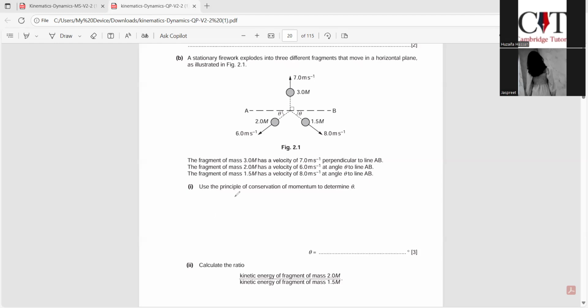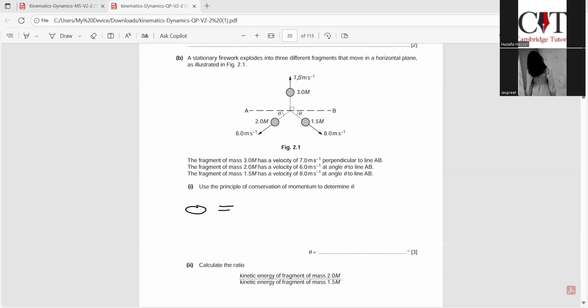So we know that before exploding, the speed of the firework is 0, right? Because it is already written that it is a stationary firework, so it is 0. If you multiply by mass, it will still be 0.